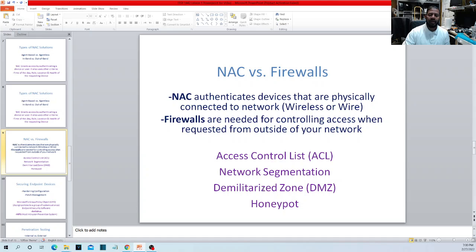Let's talk about the demilitarized zone, DMZ. Most companies have confidential, really secured servers only for internal use. An example would be their database server where they keep sensitive data. Some other server machines are for public use. They don't even want to authenticate anybody.